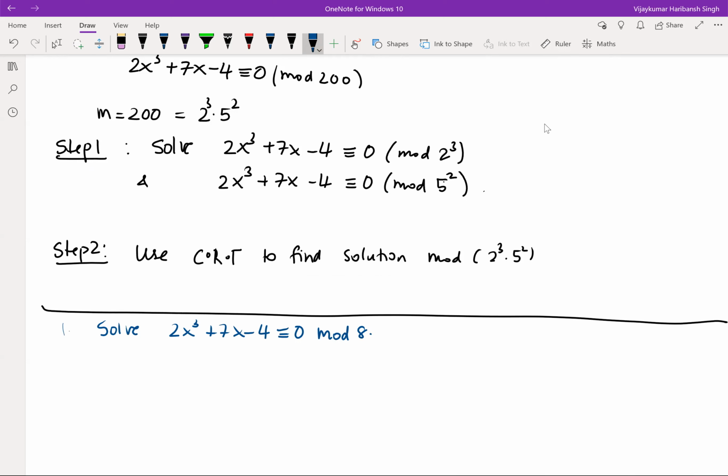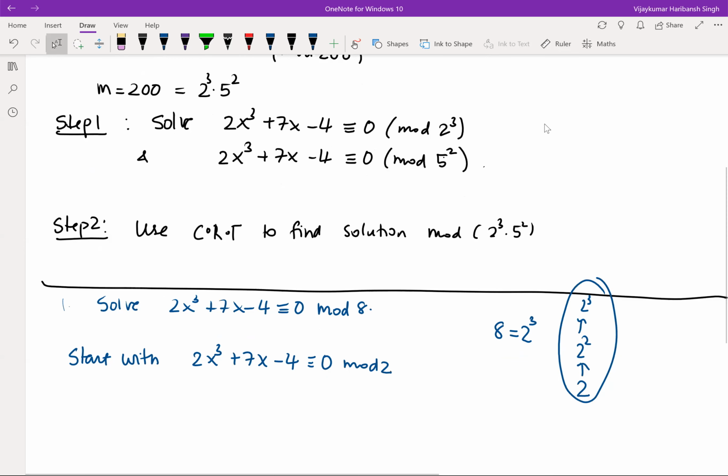So what you do is the following. 8 is 2 cubed, so start with 2x cubed plus 7x minus 4 congruent to 0 mod 2. The idea is to start with 2, then lift that solution up to 2 squared, then lift that solution up to 2 cubed, if possible.